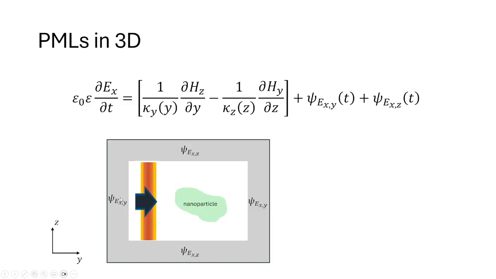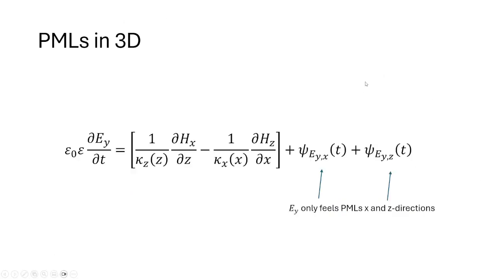So we'll have psi EXY in the y PMLs and psi EXZ in the z PMLs. But what's interesting is that we don't need to account for the x PML for EX. Out of the screen and into the screen, there would be an x PML for a 3D simulation, right? But EX will not feel that PML.